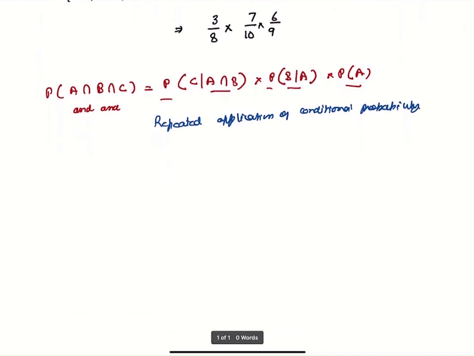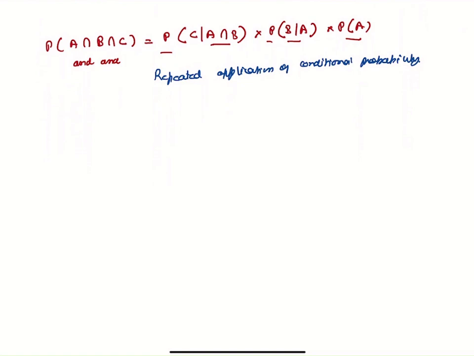And let's look at an example of this. Suppose an ordinary deck of 52 cards containing 4 aces is divided into 4 hands of 13 each.